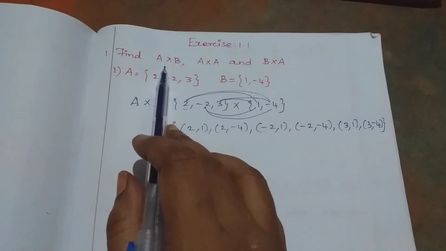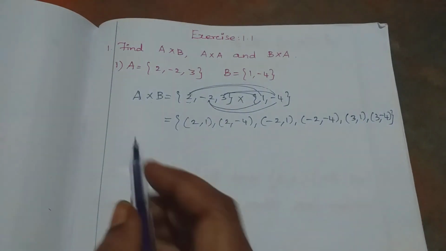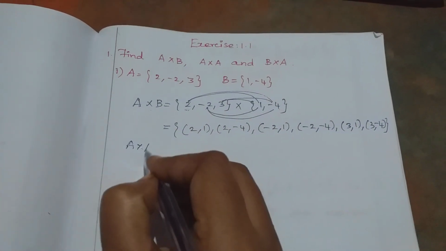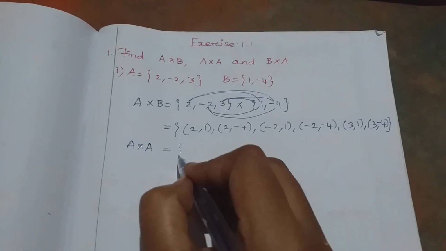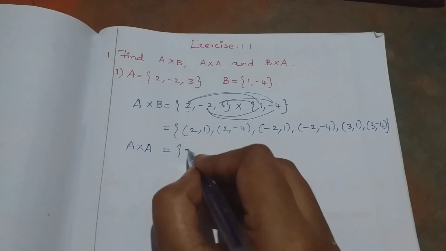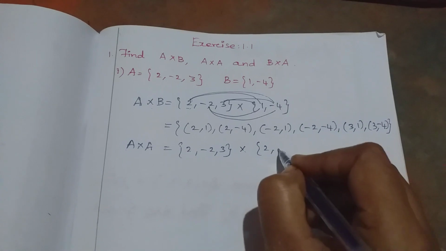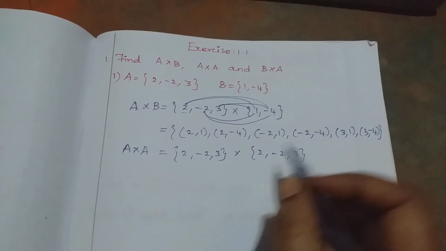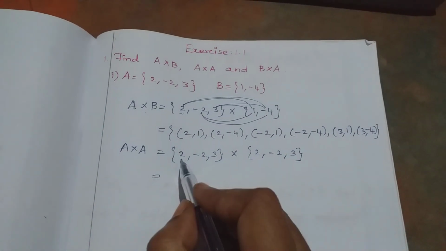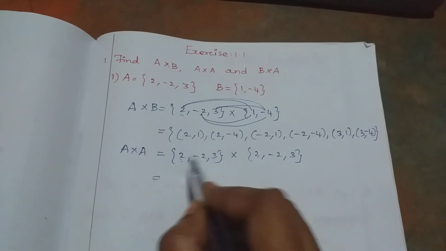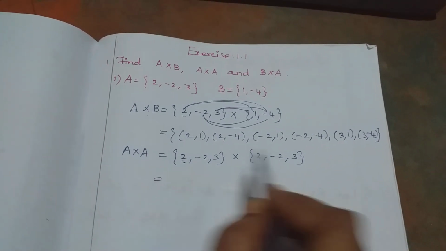So after finding A cross B, you have to find A cross A. So here both the sets are A. So you have to write set A: 2, minus 2, 3. Again you have to write set A: 2, minus 2, 3. Here also the same thing. (2, 2), (2, minus 2), (2, 3).